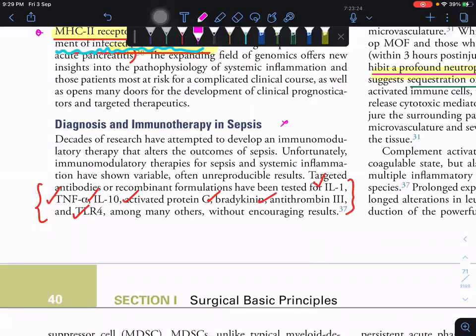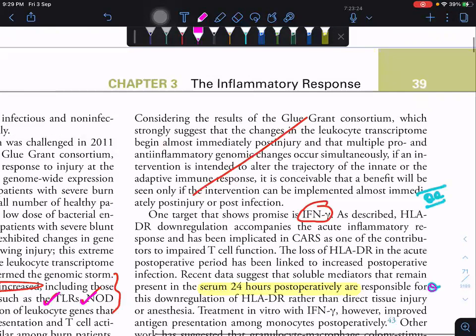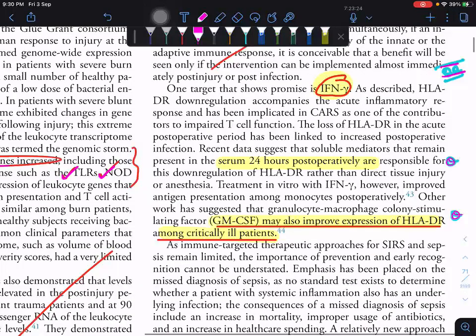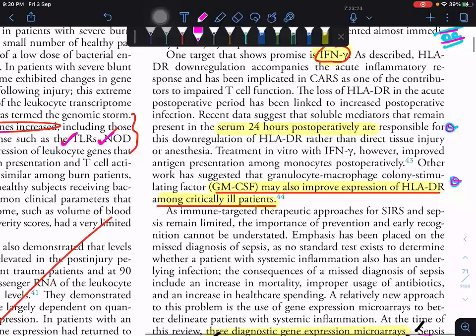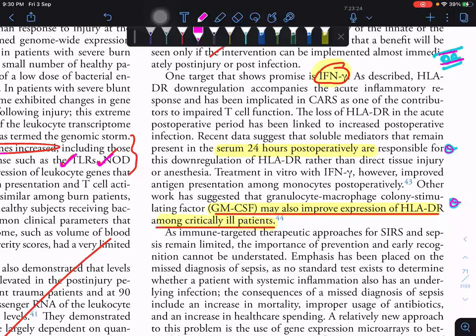Immunotherapies in sepsis: many immunotherapies are formed against these receptors, these interleukins. The main thing is that one promising targeted therapy is formed against interferon gamma. But you remember these terms. Whenever we are giving a drug which is targeting interferon gamma, it is having more productive effect, overall improving the expression of HLA-DR among critically ill patients.